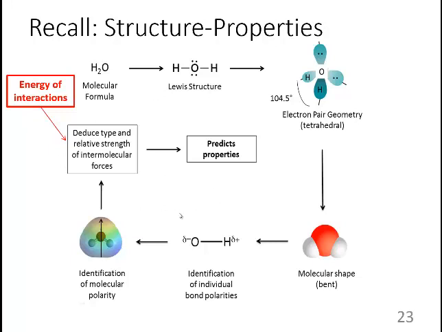And these attractive forces between molecules are what we call intermolecular forces. And the types and strengths of these intermolecular forces for covalent compounds, which is what we're talking about here, impacts their properties like melting point, boiling point, viscosity. So some of the things we're going to be talking about today.